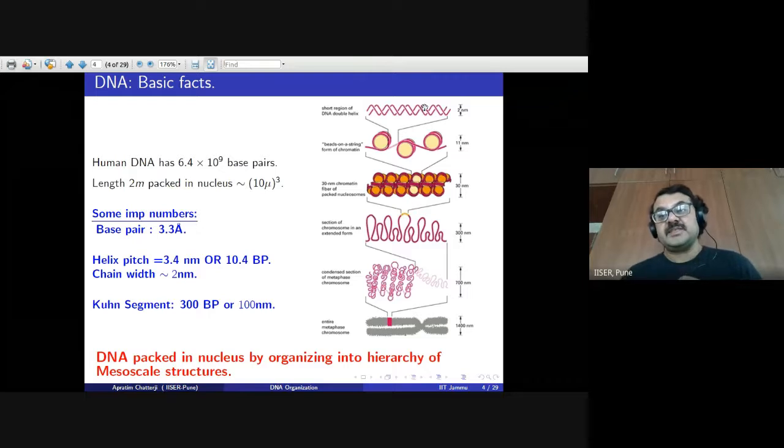The organization from the 2 nanometer fiber to the 30 nanometer fiber is somewhat understood, though of course there are a lot of open questions. But how this 30 nanometer fiber gets organized at the micron length scale, or whether there is any organization at all, is an open question and a matter of debate, and that's the length scale which we will be studying.